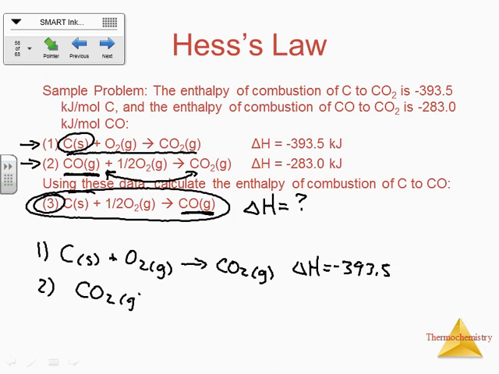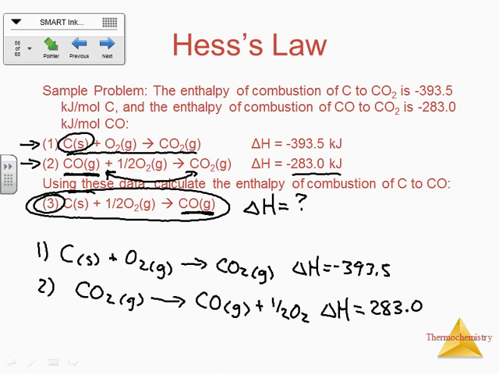CO2 yields CO plus 1/2 O2, okay? And now I've got to change the delta H for this one because I flipped the equation around. So this was negative, this delta H right here. Now it's going to be positive, okay, because I'm writing the equation backwards. So now it's 283.0 positive, okay?